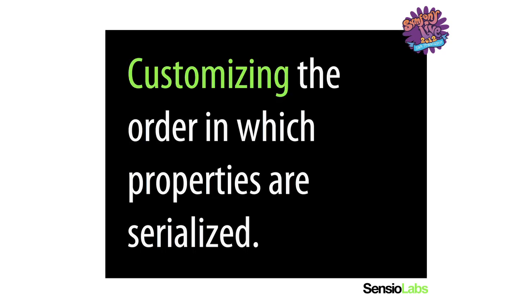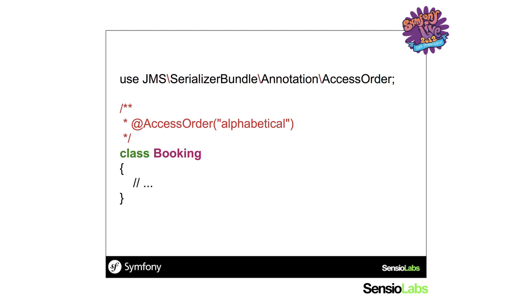You can also customize the order in which you want to expose your properties. By default, it just reads your objects from top to bottom. So it takes the properties from top to bottom and serializes them in this order. But you can act on the order. You have the @AccessorOrder annotation you can put on your class, and this annotation takes two values.